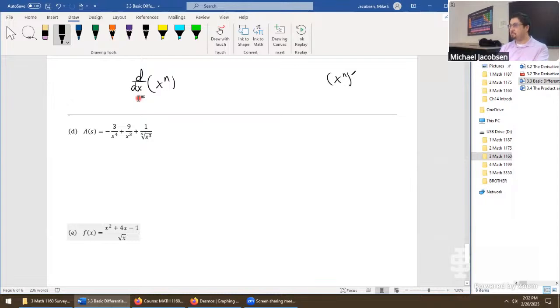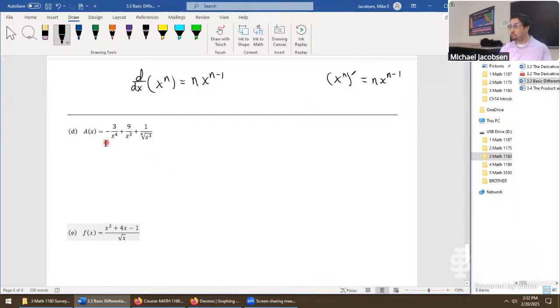But for some reason, it seems like our author likes to indicate a differentiation formula in Leibniz notation, at least the first time it's introduced. So that derivative will just be n times x to the n minus 1. And this is saying the exact same thing, just expressed in Newton's prime notation. That derivative is n x to the n minus 1.